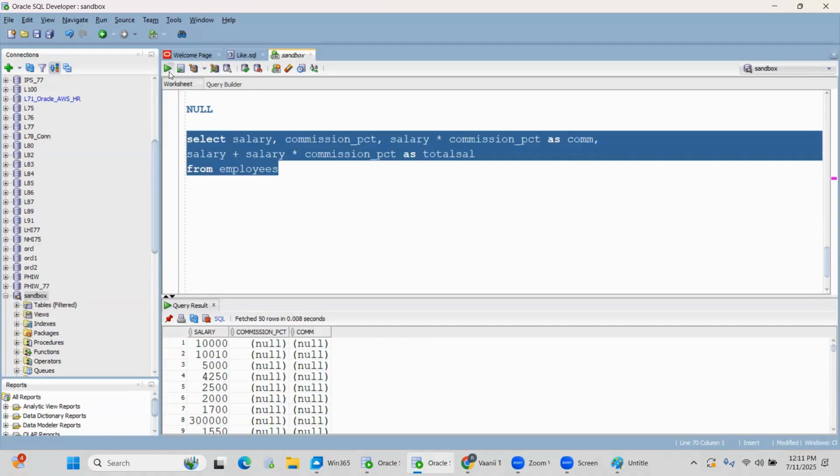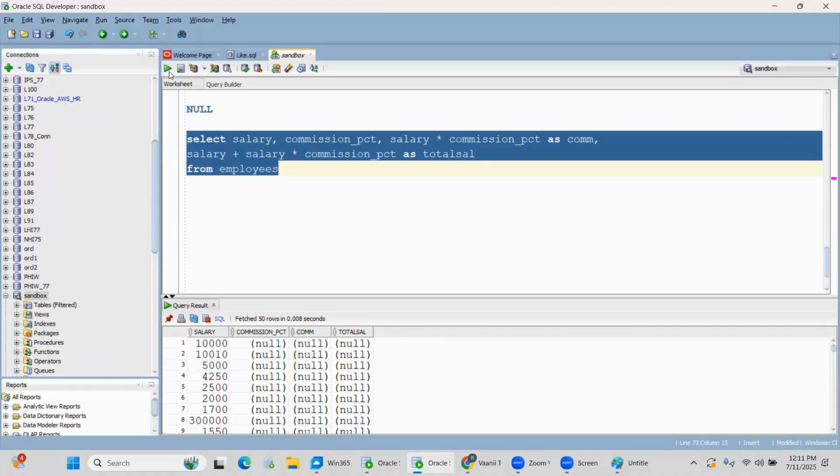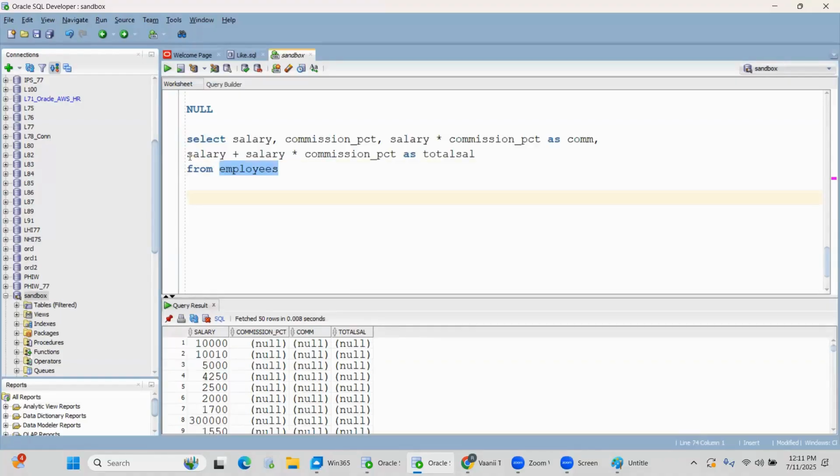Can you repeat that again? Yeah, sure. Basically, I am doing a calculation here to get the commission amount. See, commission percentage is basically a fraction of the salary. It's a percentage value. Got it?